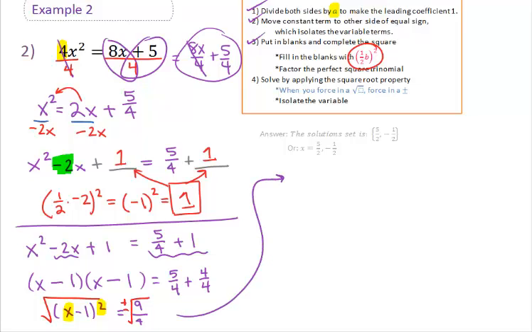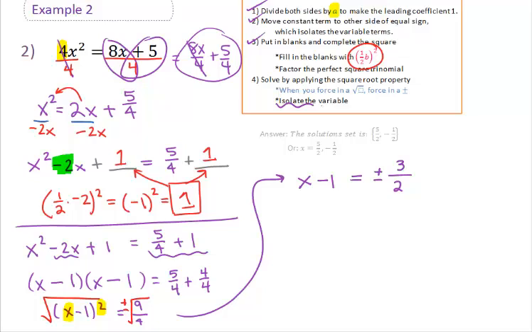On the left, my square and my square root cancels out, leaves me with x minus 1. On the right, I have positive and negative. Now I can square root each of those individually. On the top, square root of 9 gives me 3. On the bottom, square root of 4 gives me 2.